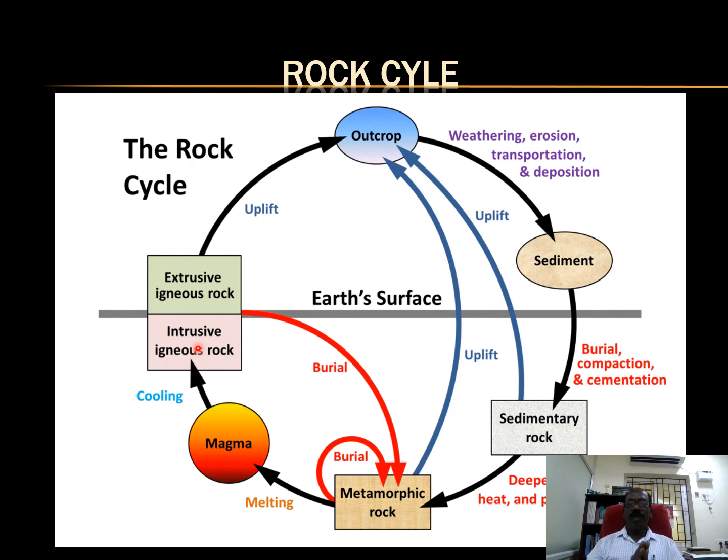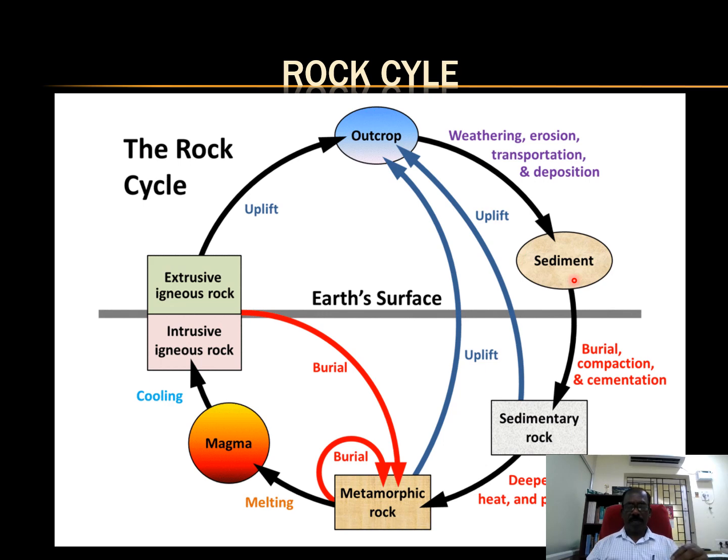Those rocks over the surface of the earth, due to the weathering and erosional process, are transported from one place to another and deposited as sediments. These sediments get compacted and cemented.